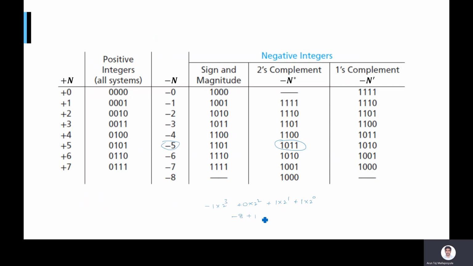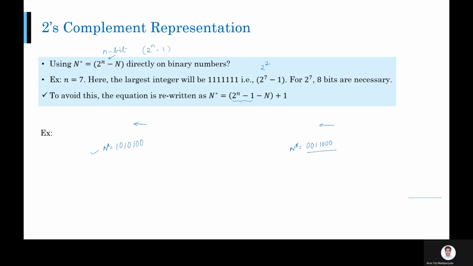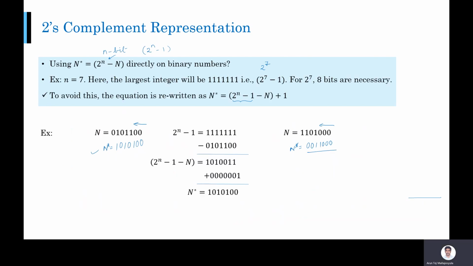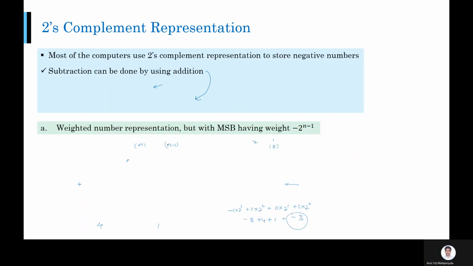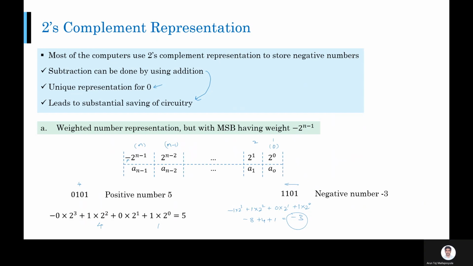Right? So minus 8 plus 2 plus 1 is equal to minus 5. You can check for other values also. So 2's complement representation is a weighted number representation with MSB having a different weight.